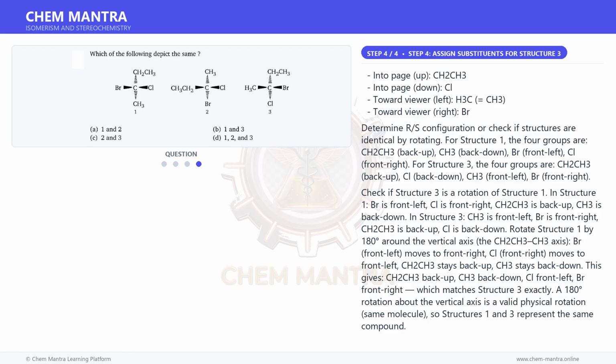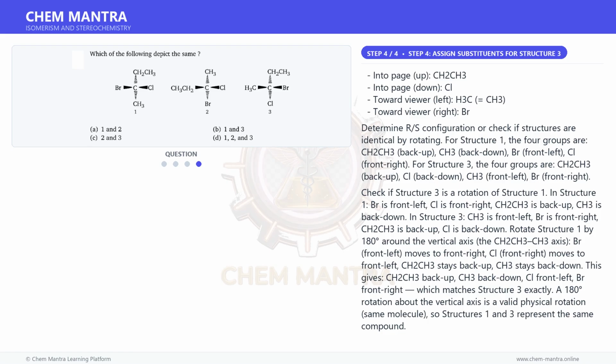For structure 1, the four groups are CH2CH3, back up, CH3, back down, Br, front left, Cl, front right. For structure 3, the four groups are CH2CH3, back up, Cl, back down, CH3, front left, Br, front right.